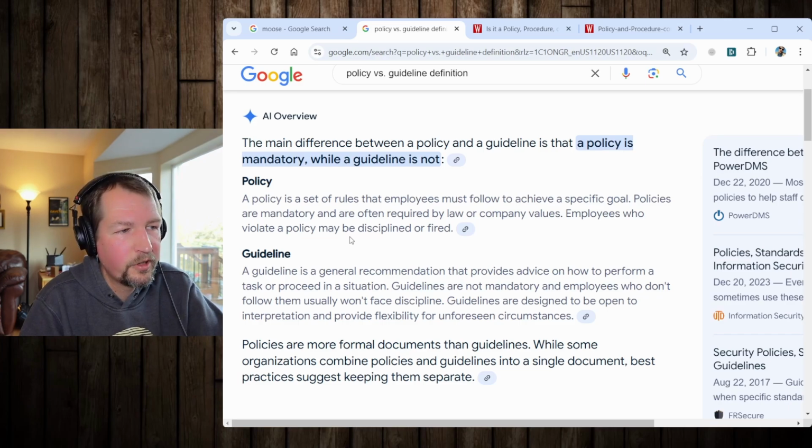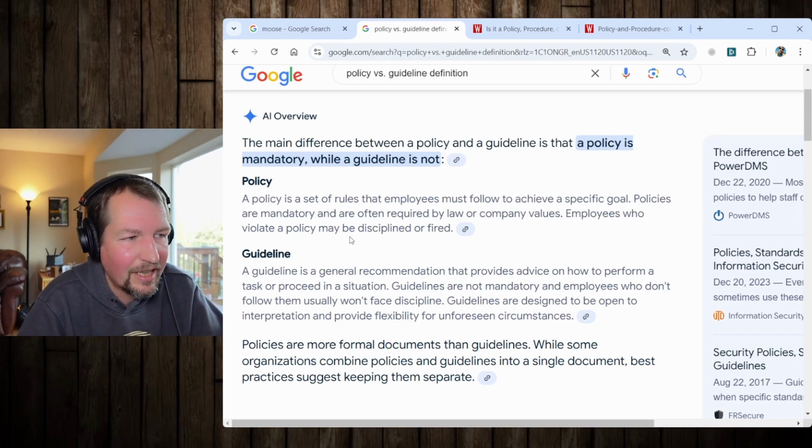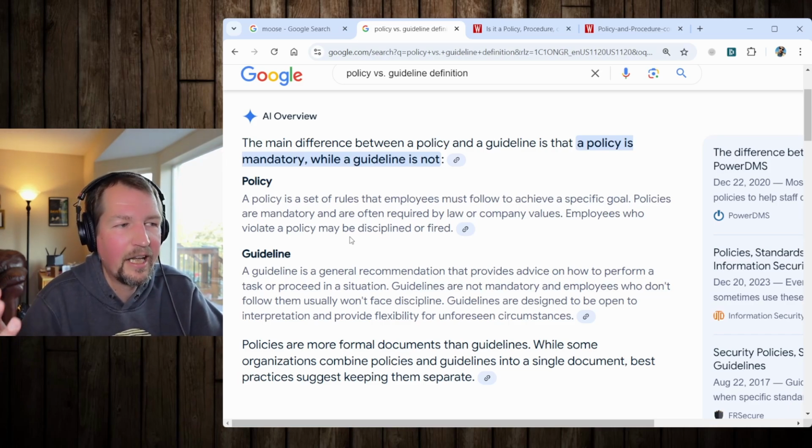If you are loose with your terminology and you conflate policies and guidelines, an employee might confuse a mandatory policy with an optional guideline and then violate a policy and then have to face repercussions that they might not have thought they needed to face because they thought it was just a guideline. Like the guy who was moving his duck hunting guns around in the parking lot.